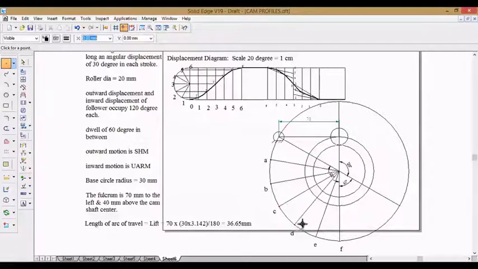Anyway, these lines will not be useful. You are getting the points on the pivot circle. That's it.